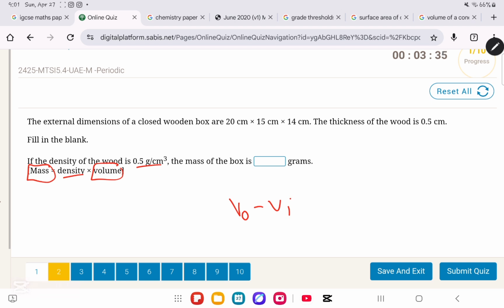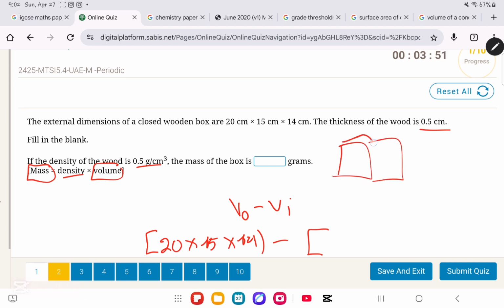What is the volume outside? It is all of the given dimensions, so 20 times 15 times 14, minus the volume inside. For the volume inside, because of the thickness, we need to subtract. Look, this is the box, and the thickness goes in from both sides. If it's 0.5 centimeters, the total thickness we should subtract from each dimension is 1, because it's 0.5 times 2, from this side and this side.